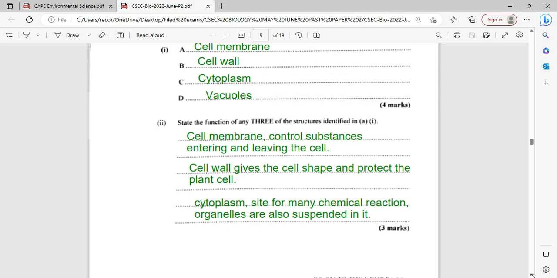The vacuole stores chemicals, and probably waste and food. When a cell is turgid, it's because the vacuole has a whole lot of water. Contrary, if it's flaccid, then the amount of water in the vacuole would have been less.